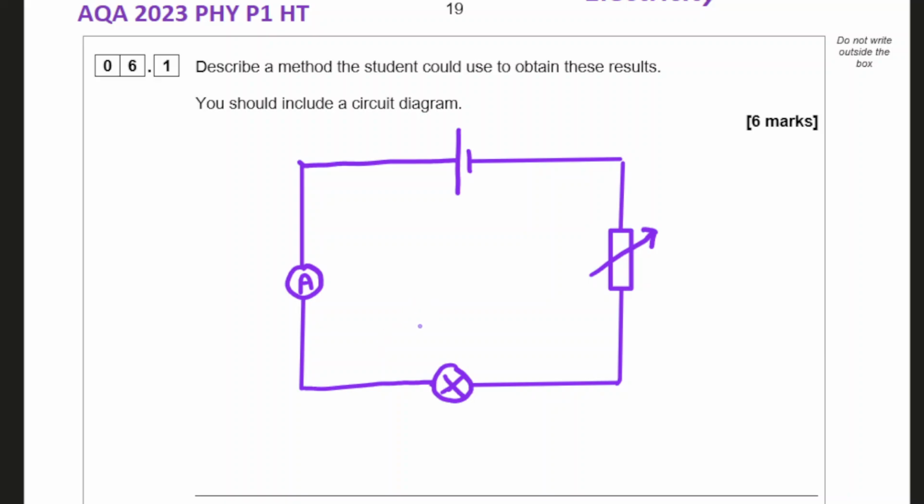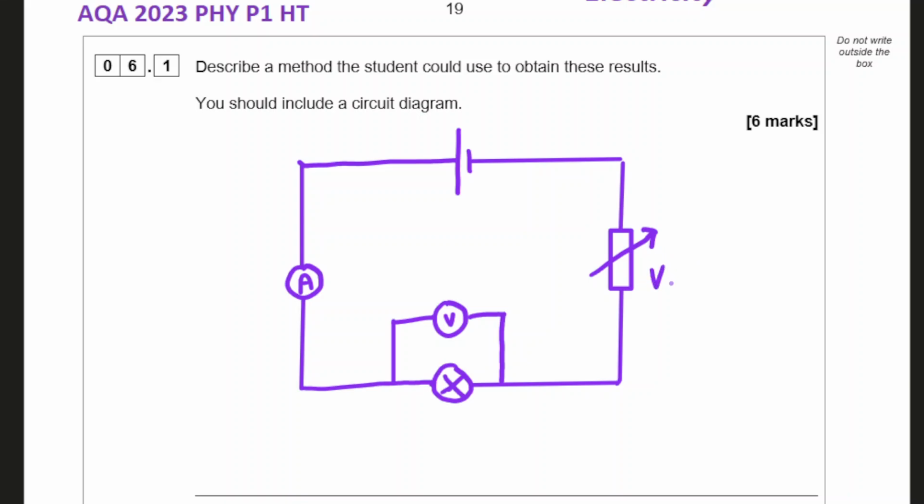And how are you going to connect the voltmeter? The voltmeter needs to be connected in parallel to the filament lamp, and you're going to change the potential difference across the bulb by adjusting the variable resistor.